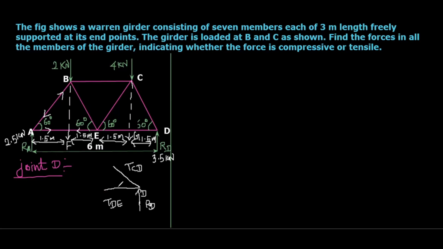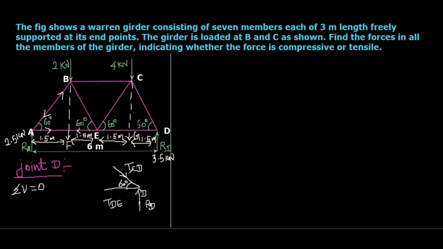So here, when I consider summation of vertical forces equal to 0, RD is an upward force. The same way, this cannot be compensated by the horizontal force TDE. So only by using the vertical resolved component of this inclined force TCD, which is acting 60 degree to the horizontal, that vertical component only can resolve this RD. Here there are two possibilities there.